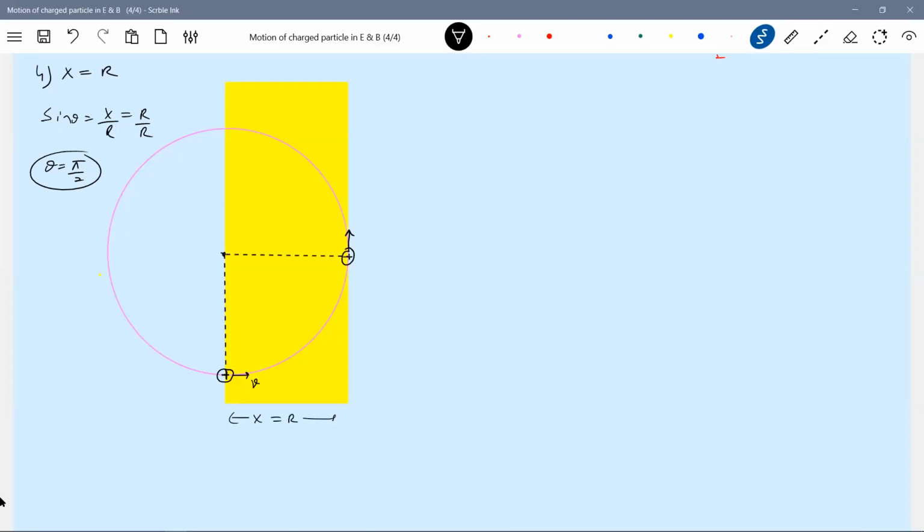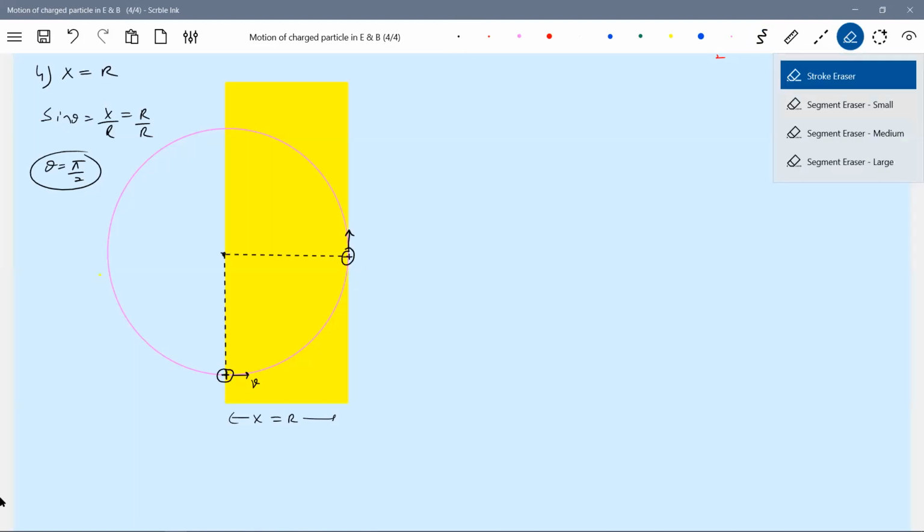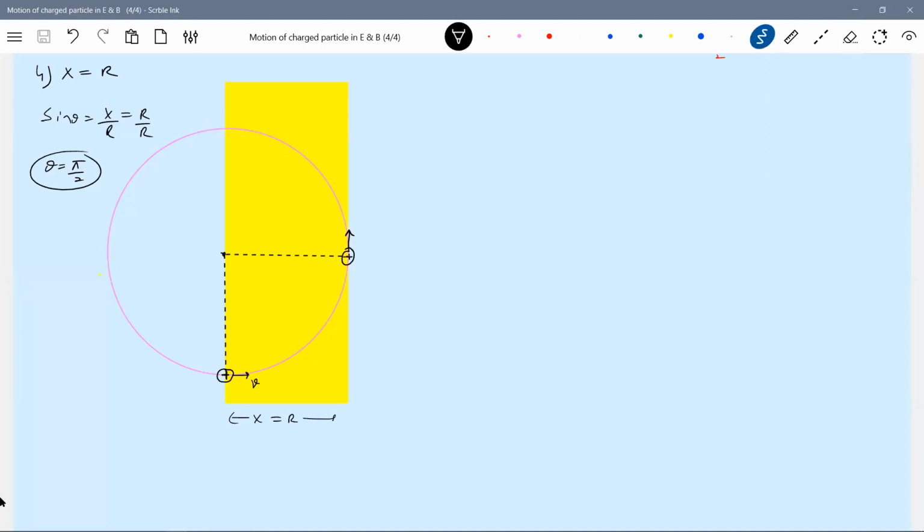I think I should remove this green color part. I'll bring the diagram, because I should not keep that pink color one.